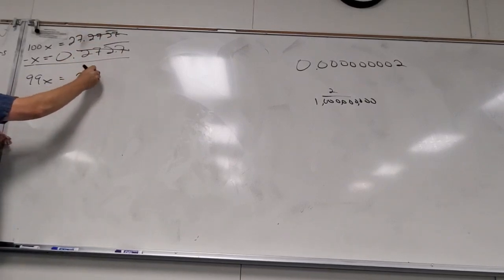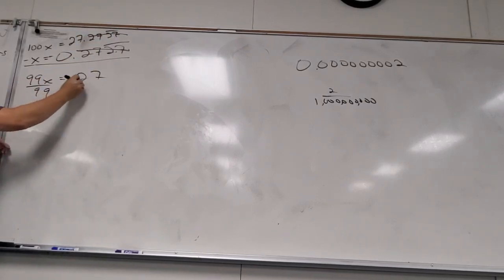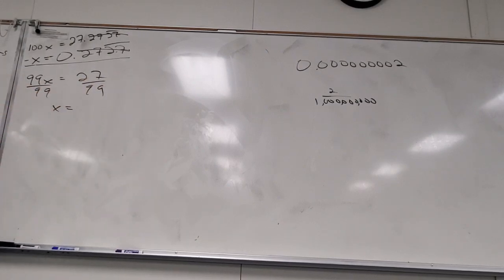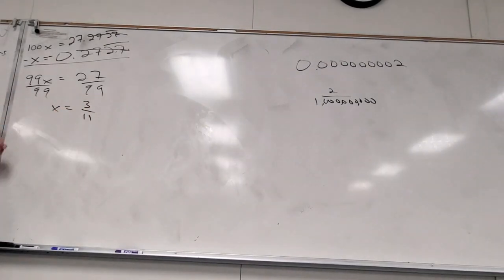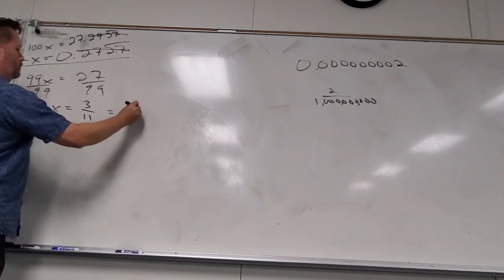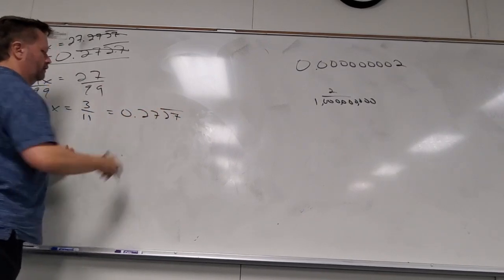So this is 27. So then I just divide by 99. And how do I reduce that? Yeah, divide by 9. So I get 3/11. I like it. So 3/11 is 0.2727 forever.